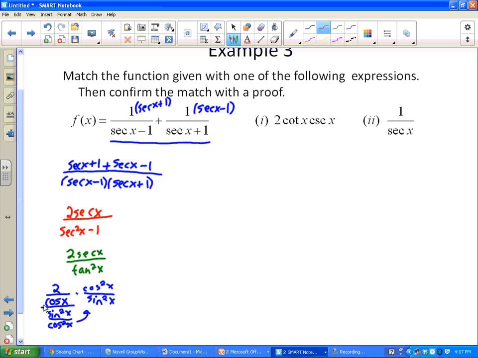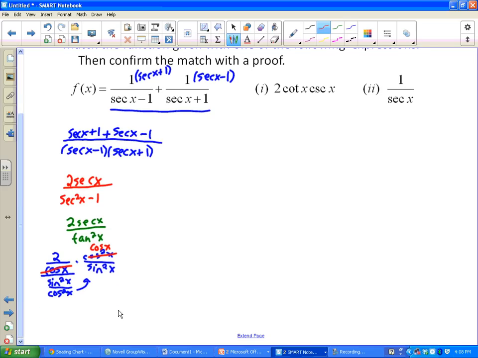So one of these cosine x's cancels with one of those cosine x's. Okay, so now I have 2 cosine x over sine squared x. And we might be asking ourselves, did that really help us? And, kind of a matter of opinion.